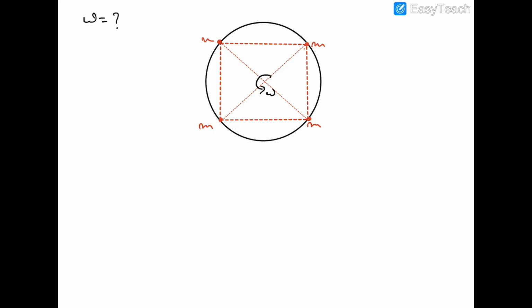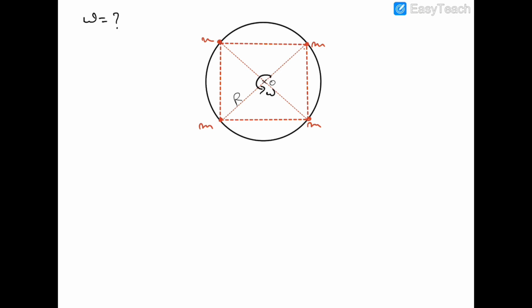In this problem, you can see that there are 4 masses which are placed on the corners of a square, and the radius of this circle in which they are rotating is R. The center of the square is the same as the center of the circle, and they are rotating under the influence of their mutual gravity. Now we have to find out the omega, which is the angular velocity of rotation of them.